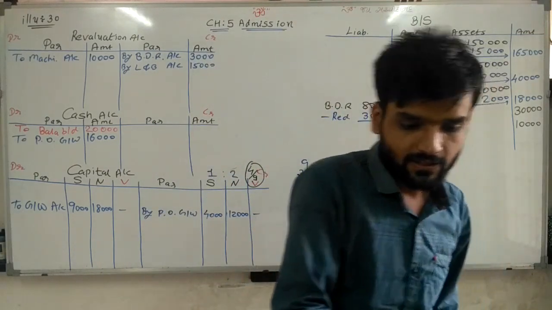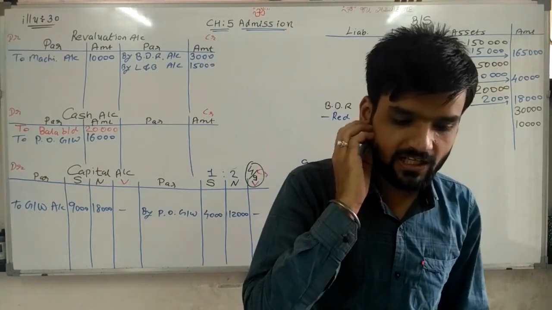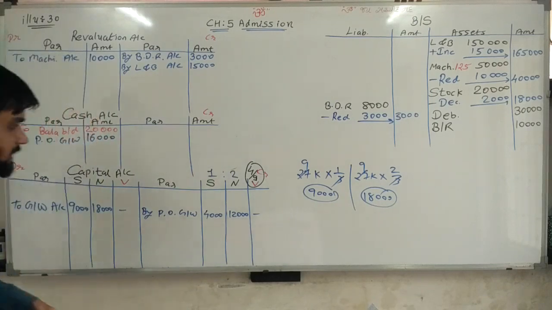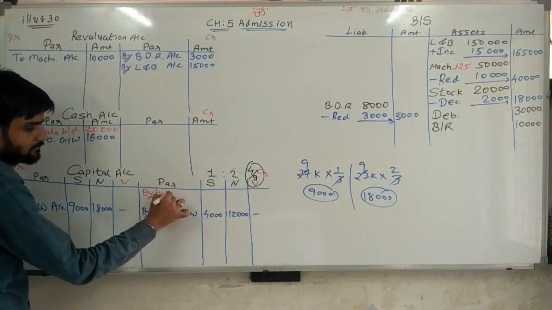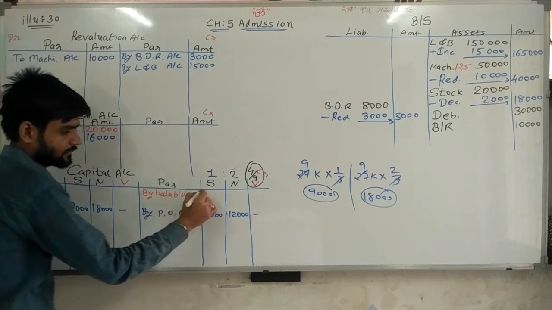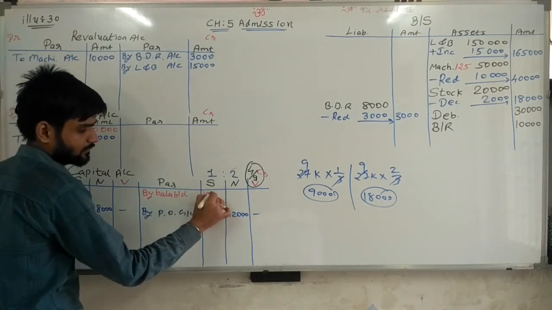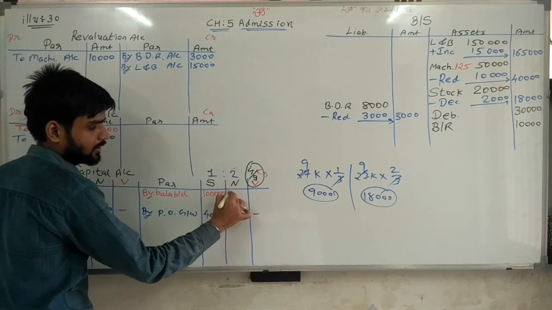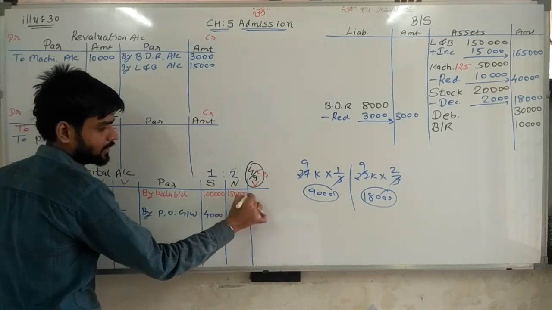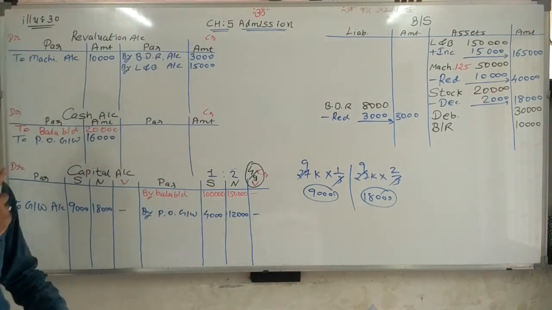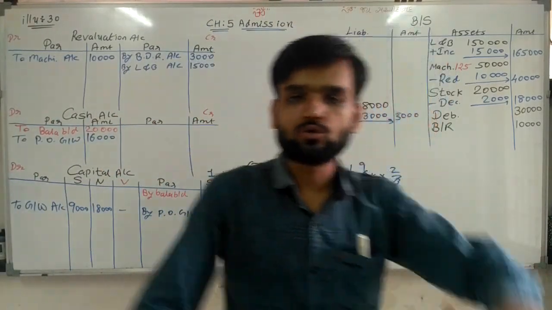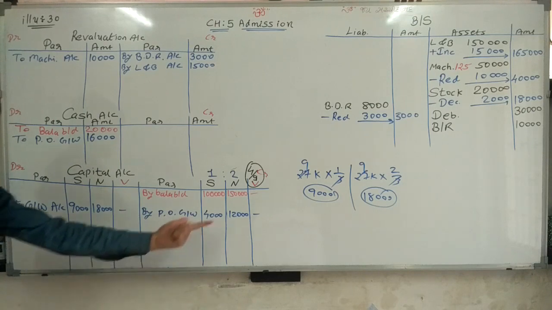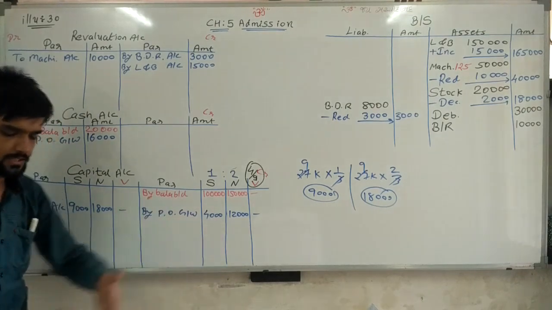Now liability side. Capital account. Shivani Neeraj 1 lakh 3,000. Again the amount brought in. One lakh and 1,50,000. That's it. Going ahead, profit and loss account. Sir, profit and loss account 9,000 is given, distribute among the partners.